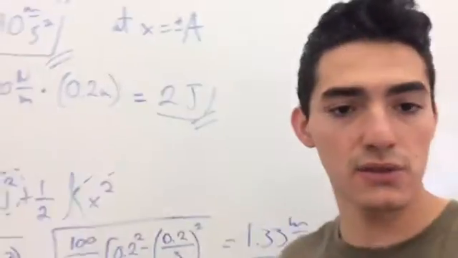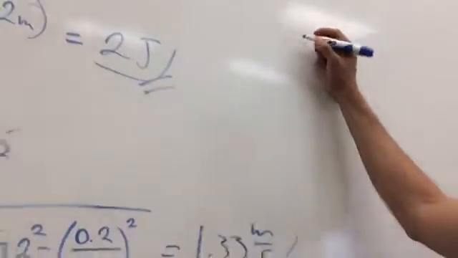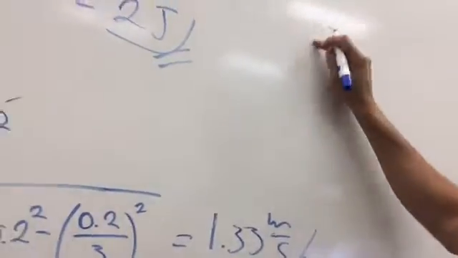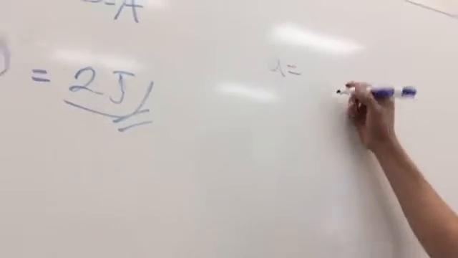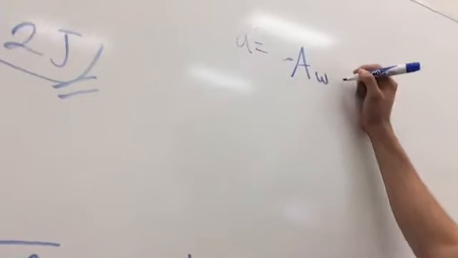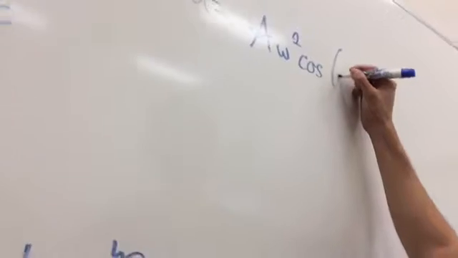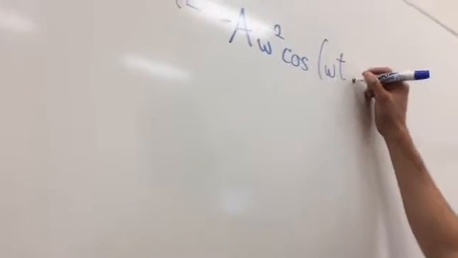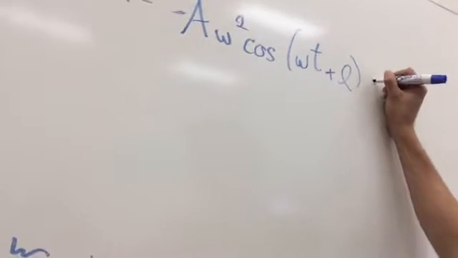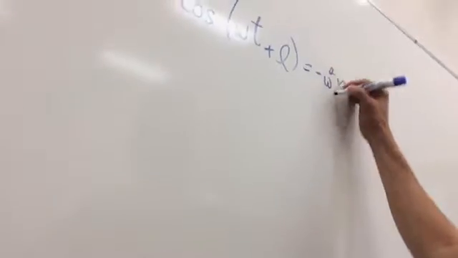We're also asked to calculate the acceleration of the object at the same position. We know that the acceleration is equal to minus the amplitude times omega squared times cosine of omega t plus phi, which is also minus omega squared times x.